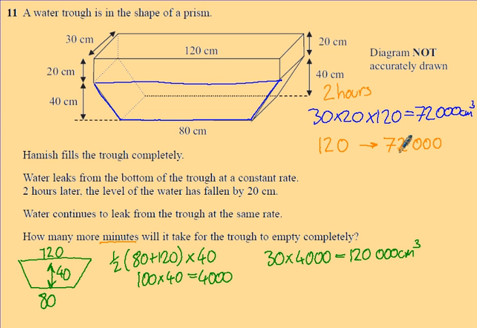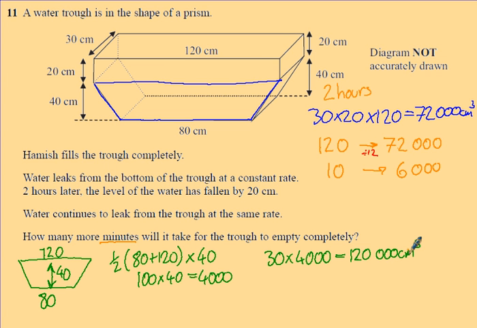Now looking at these two numbers, we should recognise that 12 will both go into 120 and into 72,000. So by dividing both numbers by 12, I find out that it would take 10 minutes for 6,000 cubic centimetres of water to leak out. Now I'm trying to find out how long it would take 120,000 cubic centimetres of water to leak.